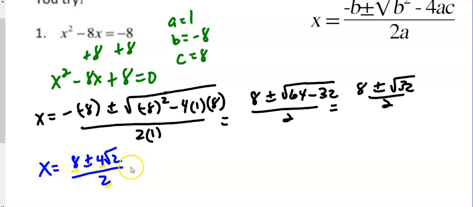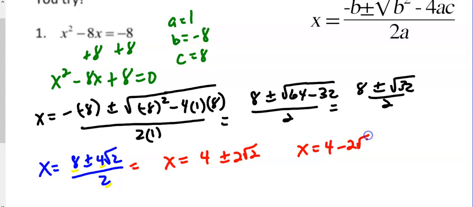So my final answer here is x is equal to 4 plus or minus 2 square root of 2. So there are your two answers. If you had to split them, x is equal to 4 minus 2 square root of 2 and 4 plus 2 square root of 2.